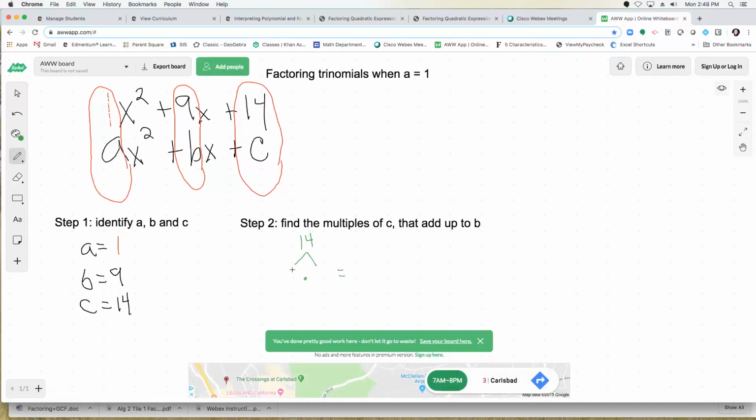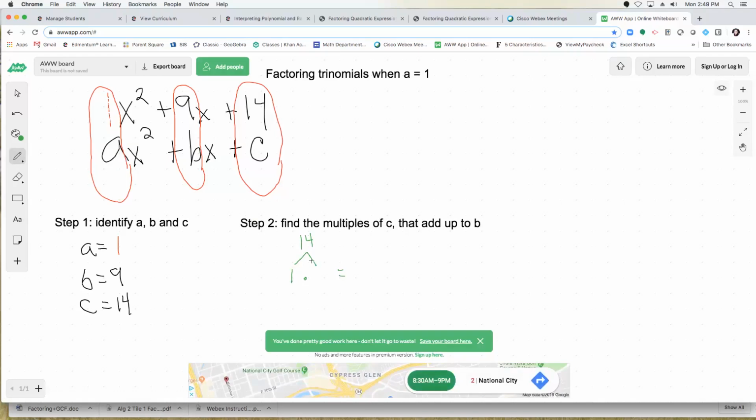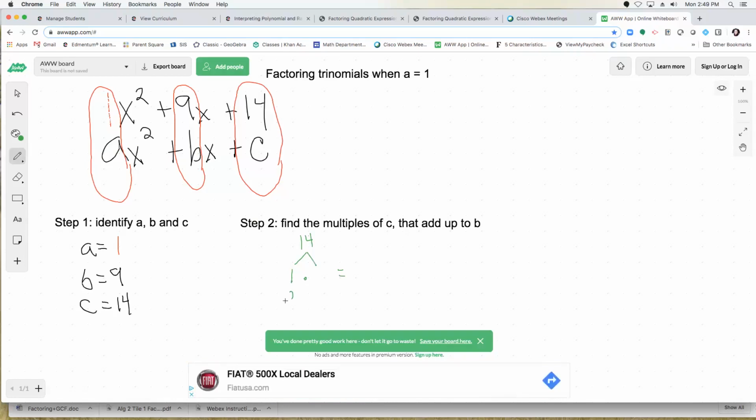Well, we know 1 times 14. And those of you that are not very familiar with your multiples, maybe multiples is somewhere you started to struggle in math, it's okay, just keep practicing them. But if you do struggle with your multiples, I would just write out 1, 2, 3, 4, all the way up until you've reached a number where the set of multiples starts repeating.